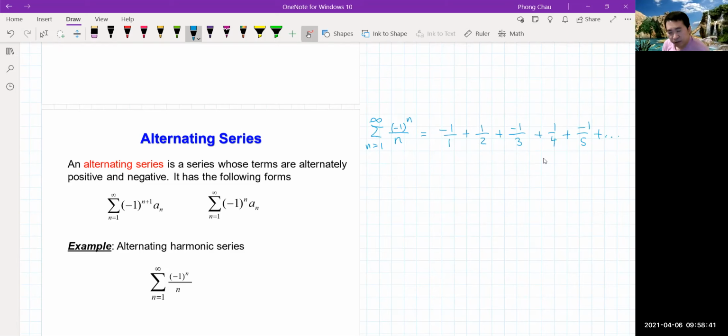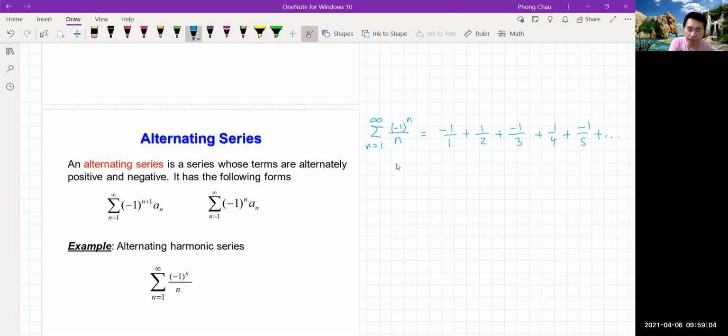Now, does this series converge or diverge? Well, it's hard to tell, because we don't have the test to determine whether it converges or diverges yet.